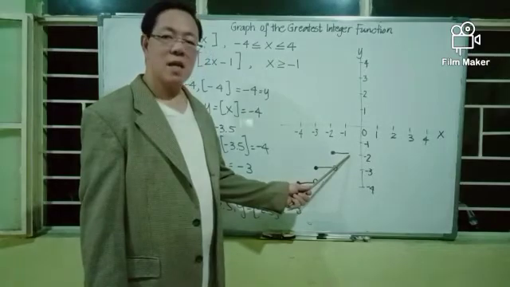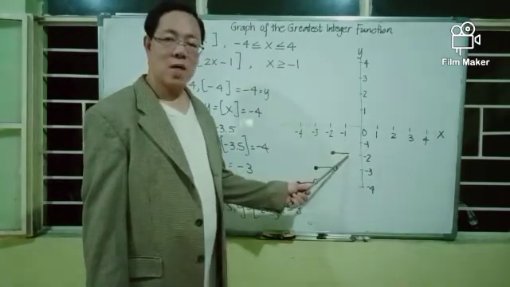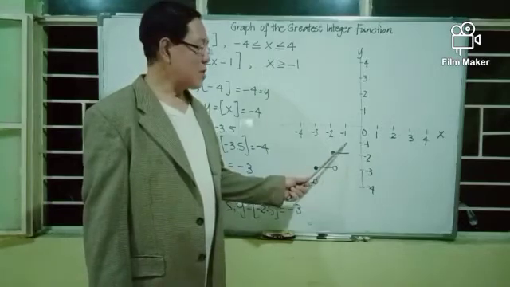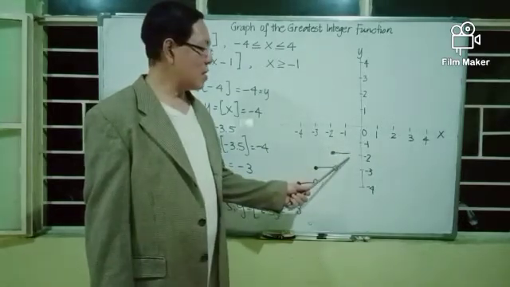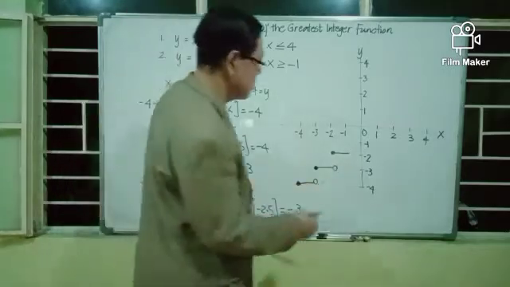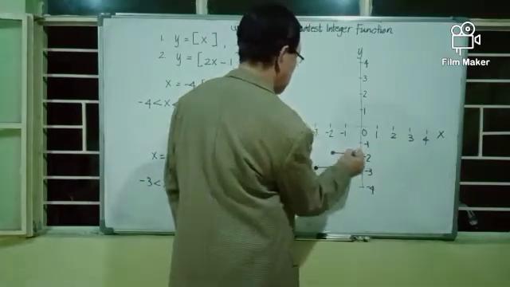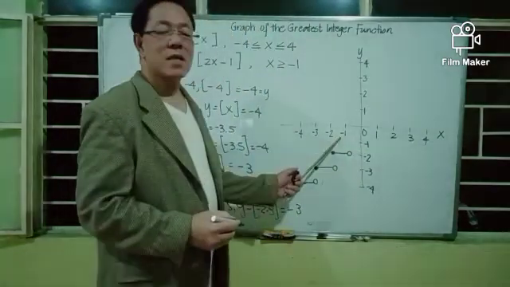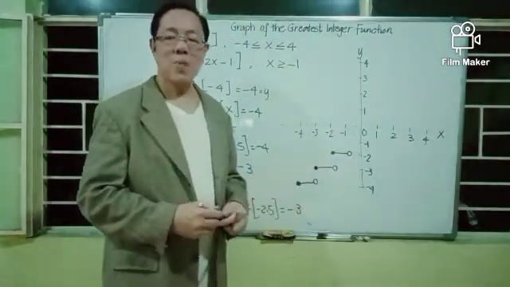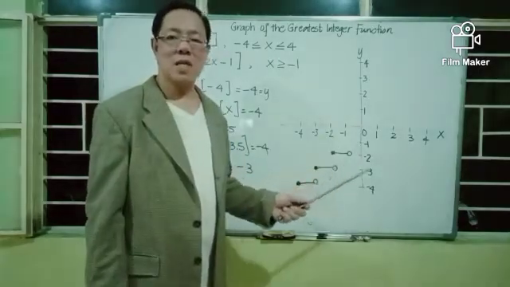We indicate that by an open circle. And as we said, if x is negative 1, the value of y is the floor of negative 1, which is negative 1.